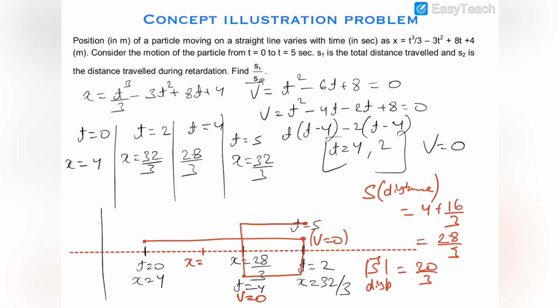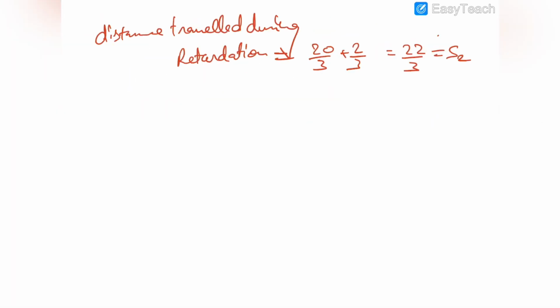We have to find S1 and S2, where S1 was the distance traveled, equal to 28 by 3. So the correct answer of S1 upon S2 will be 28 by 22, which is 14 by 11.